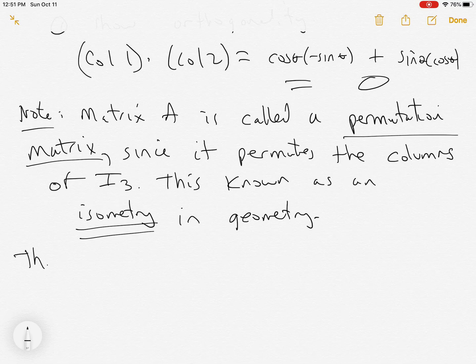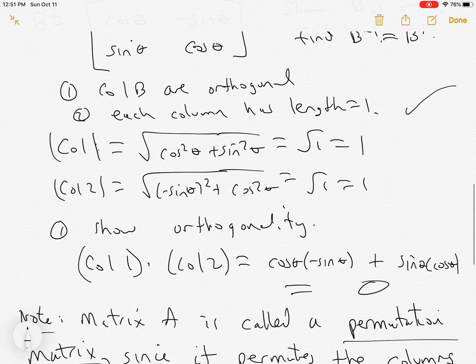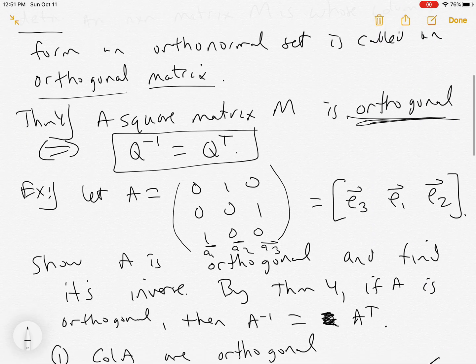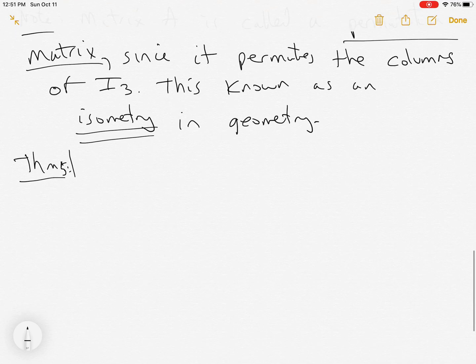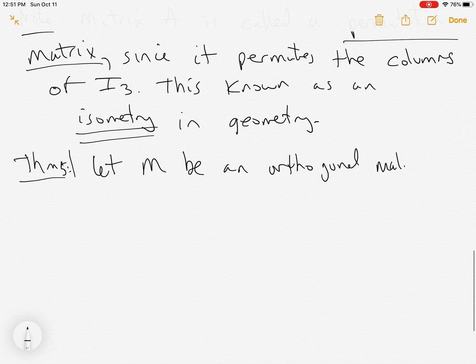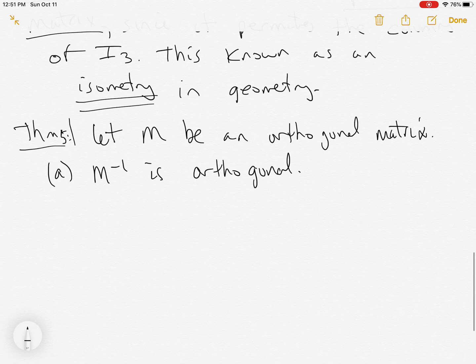And so the last theorem, we're just going to tie a bunch of stuff together here. What are we up to? Theorem 5? Okay. So let M be an orthogonal matrix. A. M inverse is orthogonal. Okay. B. The determinant of M is plus or minus 1.